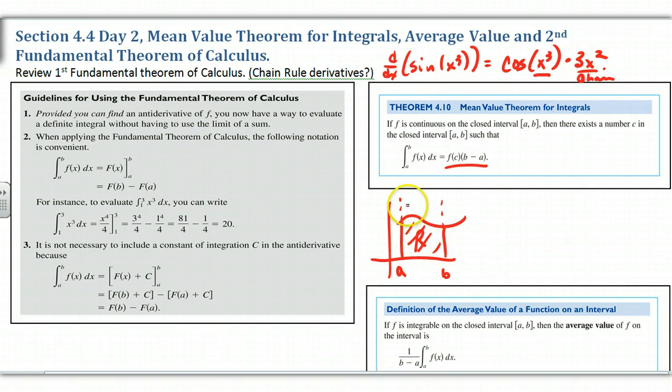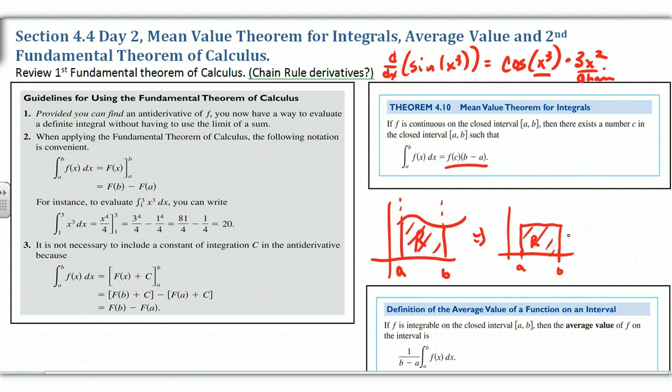I want to push this line down, and then push this down so that we end up with a rectangle. So we want to transfer this over to this shape here. So this is a, this is b, and then somewhere in here I'm going to get a rectangle that has exactly the same area, which we can call r.